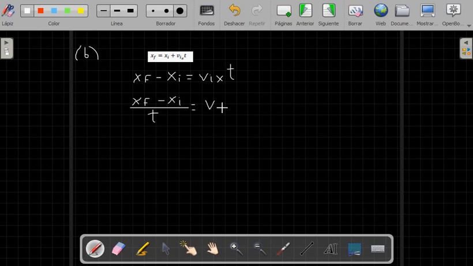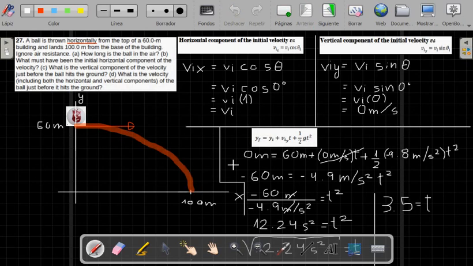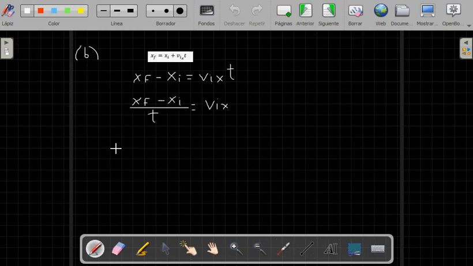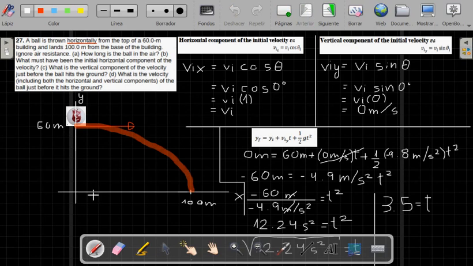Now we have to replace all the data that we have. The final horizontal position is 100 meters. So I'm going to write here 100 meters minus the initial horizontal position, 0 meters.